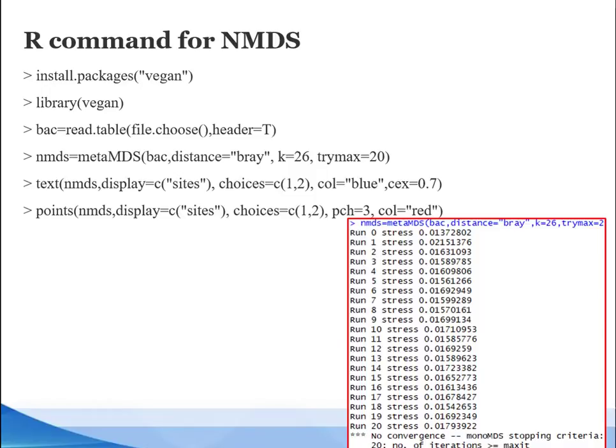The nearer the stress value approximates to zero, the higher confidence the result has. A stress value less than 0.3 means that the result has high confidence. So from our result, we could say that all our stress values are below 0.3, which suggested that our result had a very high confidence.